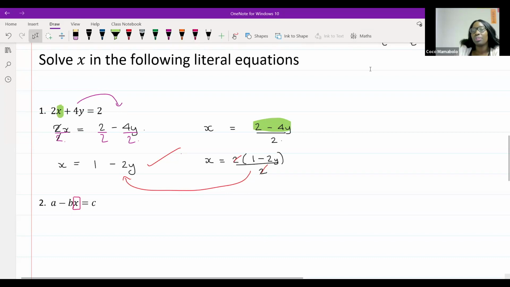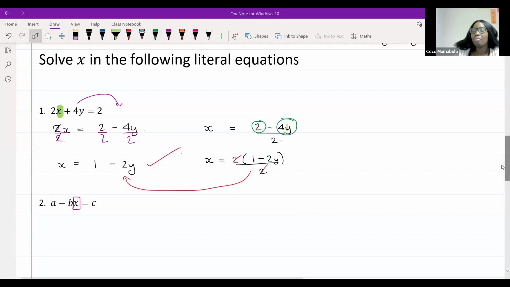No, Vukosi, what we've done, my darling, is when we took out a highest common factor, what is the highest common factor between 2 and negative 4y? It's 2. So I've taken 2 out, and if I take 2 out, I'm going to end up with 1 there, and if I've taken 2 out of negative 4y, I'm going to end up with negative 2y. And that's where ma'am got that answer from.